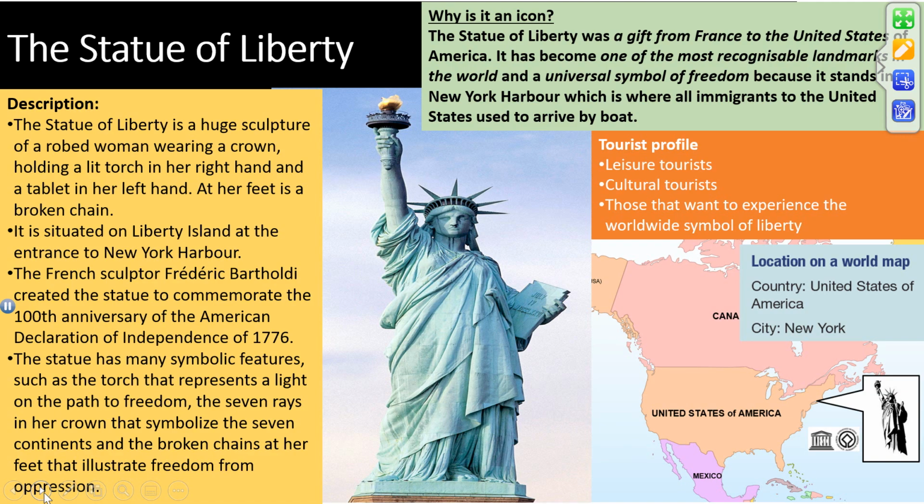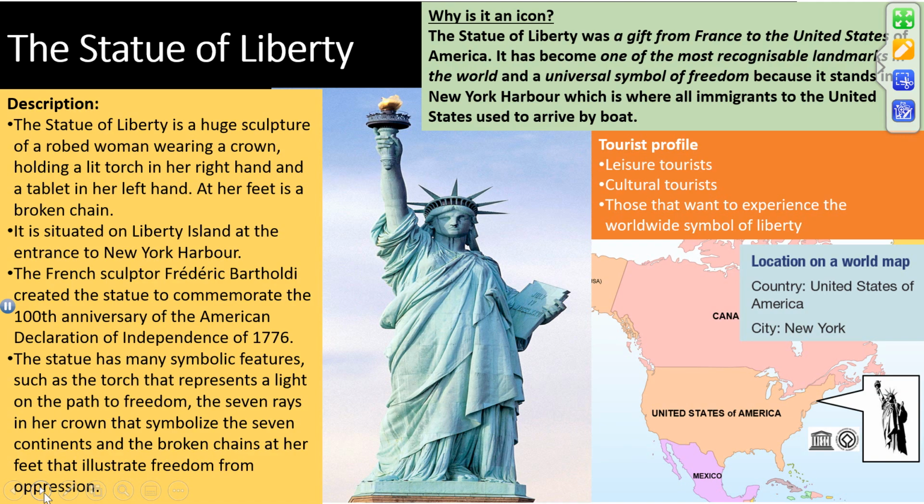Just as a matter of interest, the statue was built in France. Thereafter, it was taken apart and packed into crates and shipped across the sea to the USA, where it was unpacked and put back together in the New York Harbor and put onto Liberty Island.